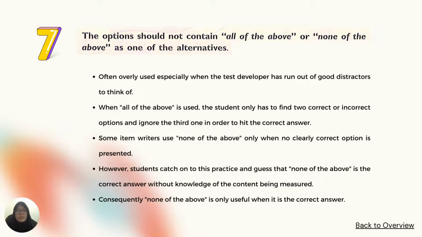Consequently, we can say that none of the above is very useful if it is to be the correct answer or the key. Research has found that placing none of the above as a response in the options lowers test reliability.